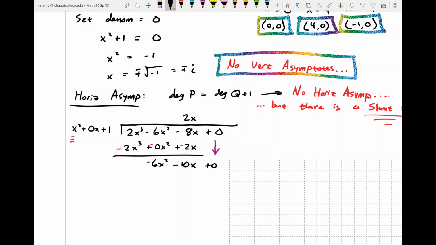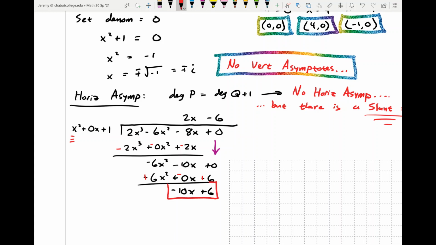So how many times does x squared go into negative 6x squared? Well, negative 6 times. So we put in, multiply negative 6 through our divisor. So negative 6x squared plus 0x minus 6. Distribute through a negative, and I think I'm going to get a remainder of negative 10x plus 6. So there's my remainder.